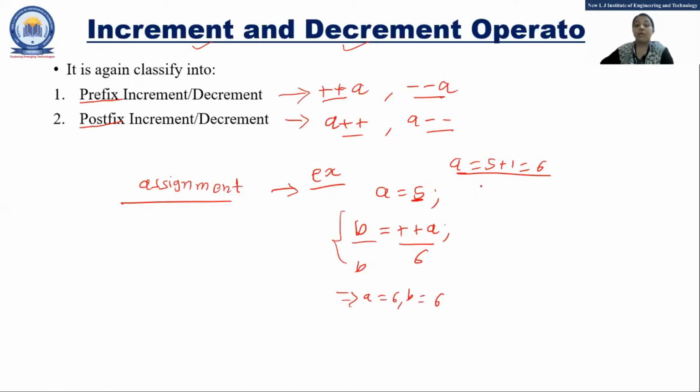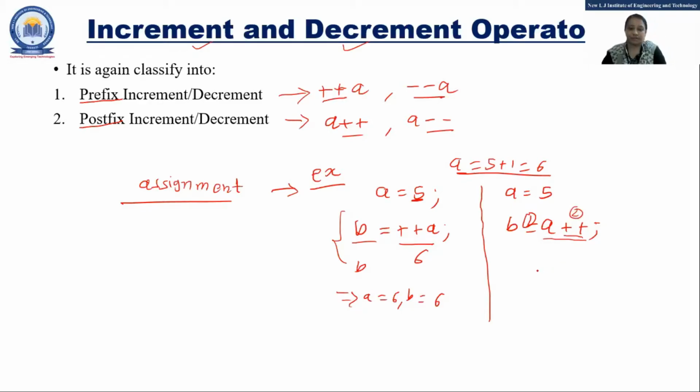Now, instead of that, take a equal to 5 and b equal to a plus plus. Now I will use postfix, that means first the operand and then the operator, a plus plus. It will not increment the value of a first. It will first execute the assignment and then increment.